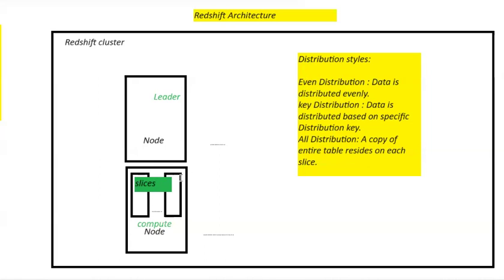In key distribution, your data is distributed across your slices based on a specific distribution key. Whereas the last one is all distribution. Here, a copy of the entire table resides inside each slice. That means each slice will maintain a copy of your whole table. So like this, the distribution styles are there.